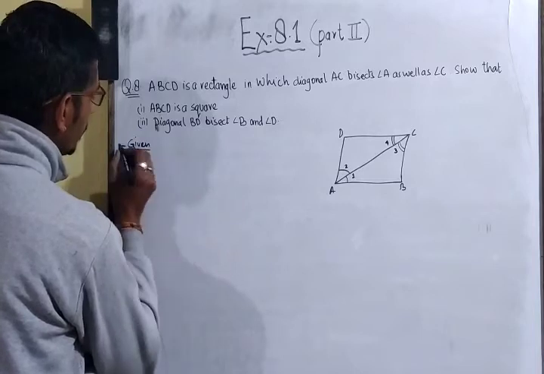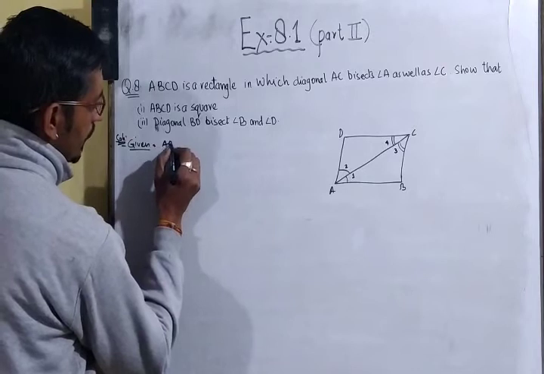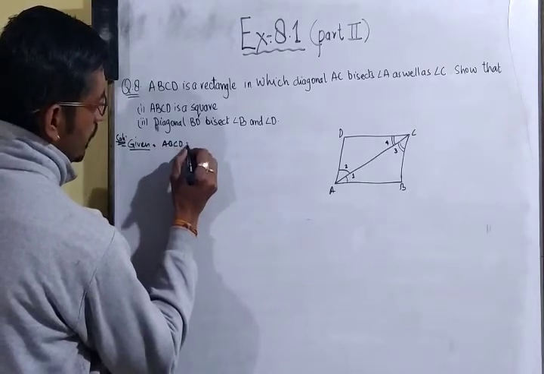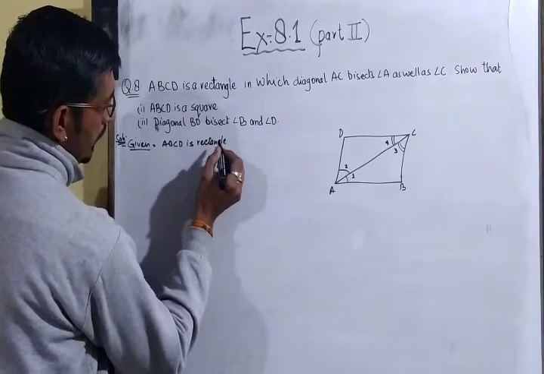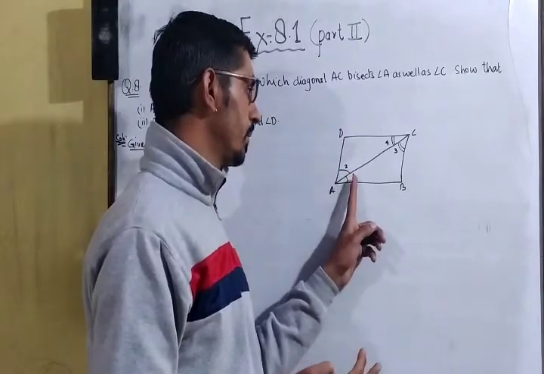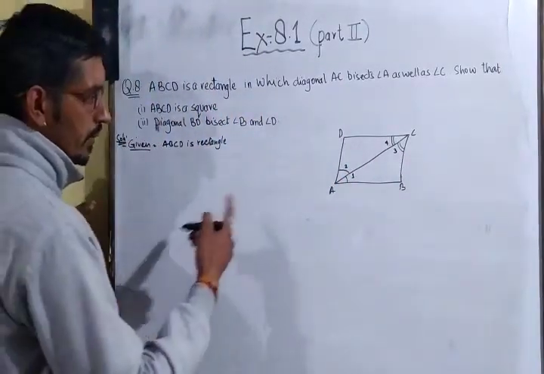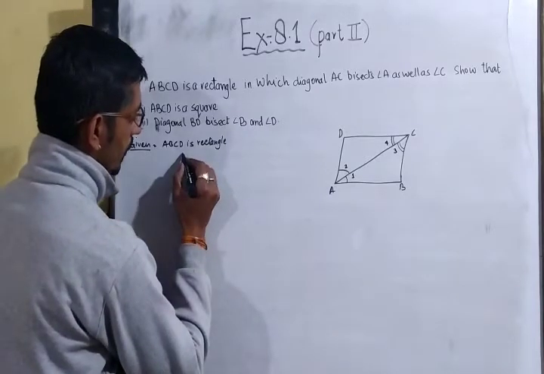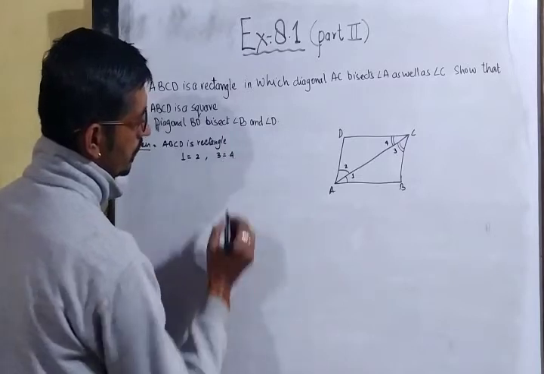Now, first, the solution. What is given? ABCD is a rectangle. For making it easy, I have given names 1, 2, 3, 4. It is given that 1 is equal to 2 and 3 is equal to 4.